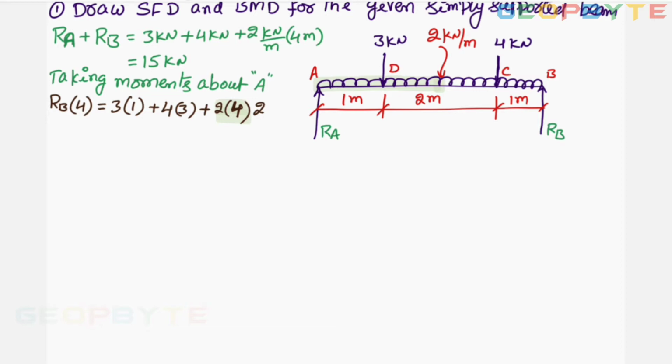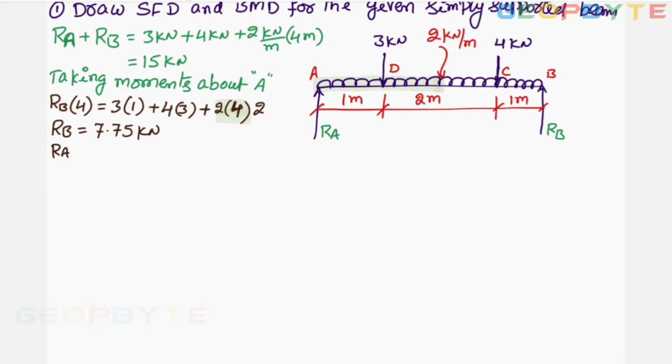So you simplify that value. Because of the limited space, let me write the simplified value. I got RB is 7.75 kilonewtons. You can simplify with your calculator.